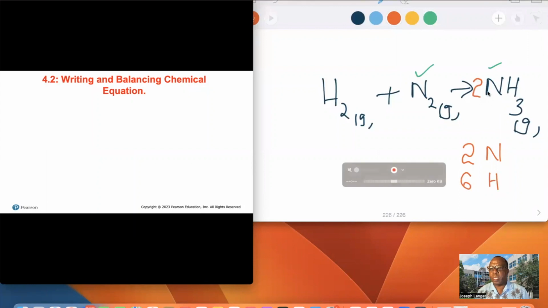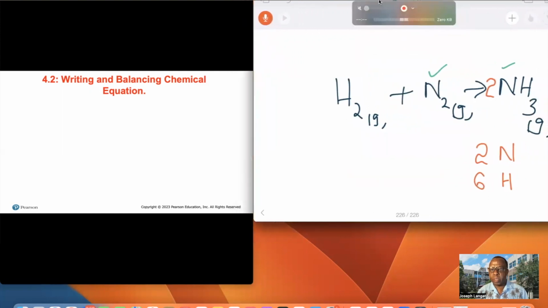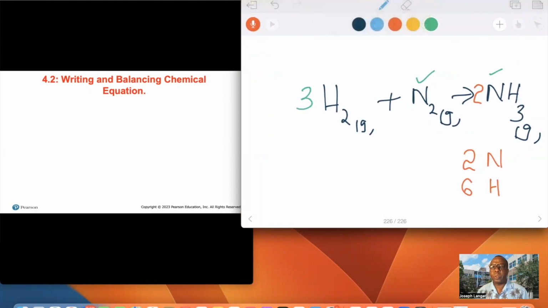But if you look at the number of hydrogens, 6 versus 2, this is interpreted as 2 hydrogens. How do we make it equal on the left side? By using the coefficient 3 here to balance the equation.